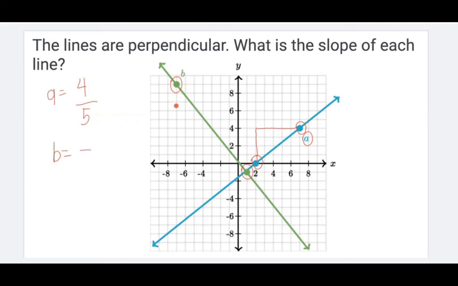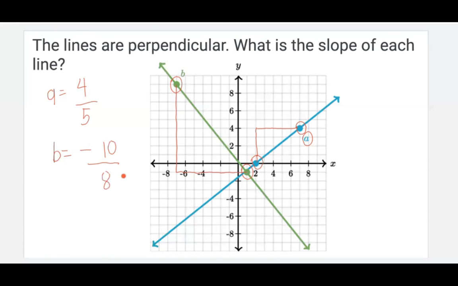Let's count down our vertical change, which is 1, 2, 3, 4, 5, 6, 7, 8, 9, 10 units down. Now we can find our run, or horizontal change, which is 1, 2, 3, 4, 5, 6, 7, 8 units.